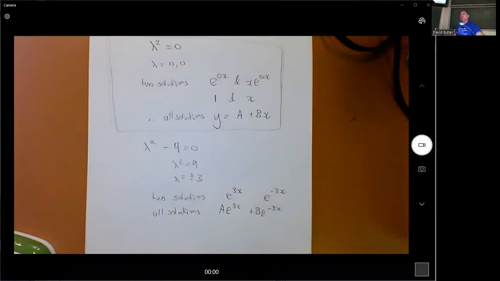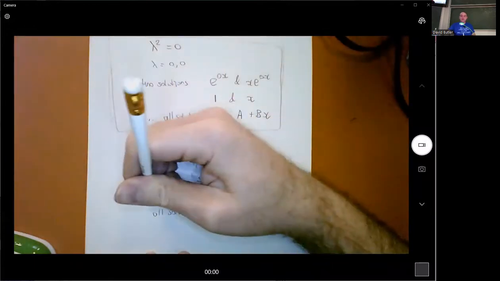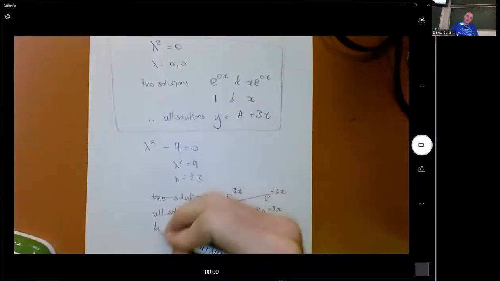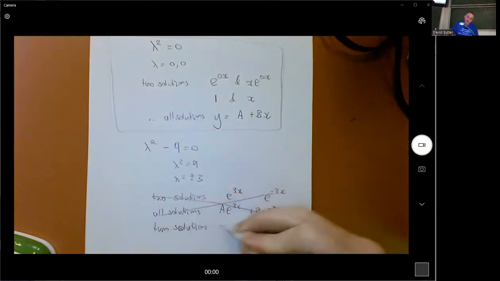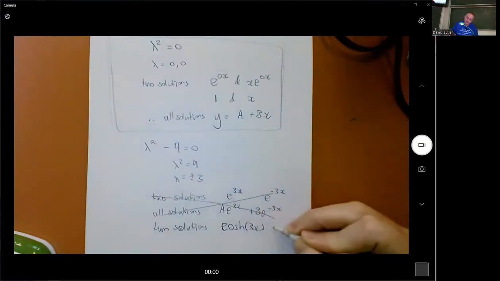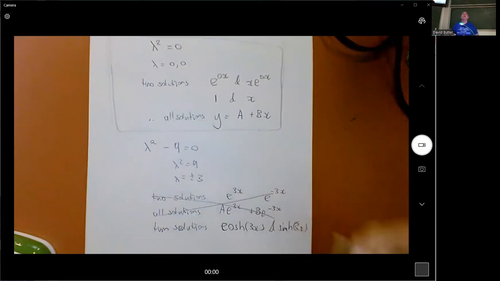And sinh of 3x is this minus this divided by 2. So instead of using these as my two solutions, I could choose to use these. If I wanted.